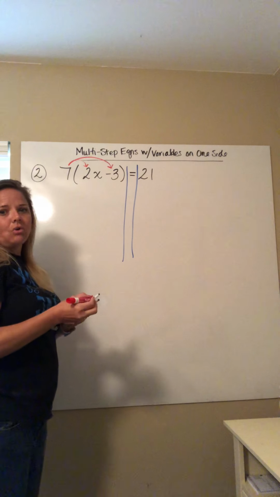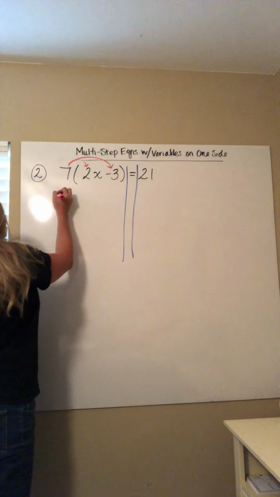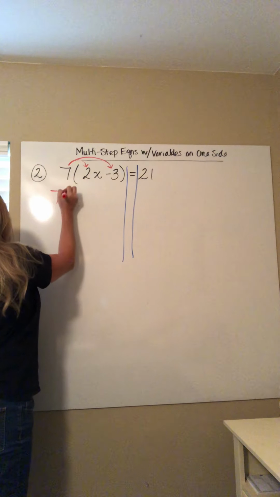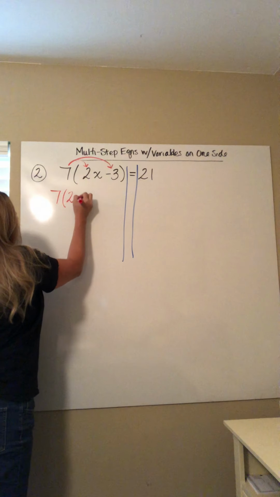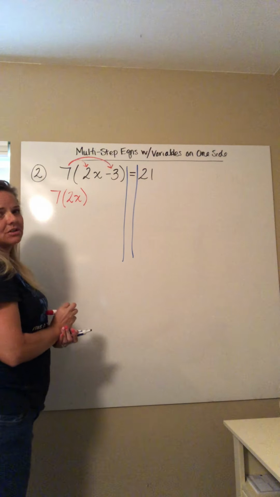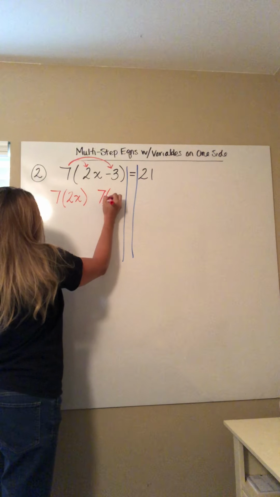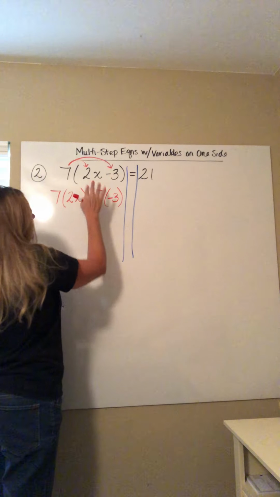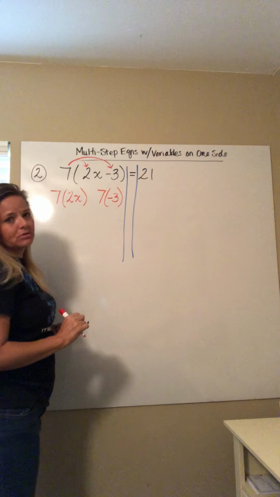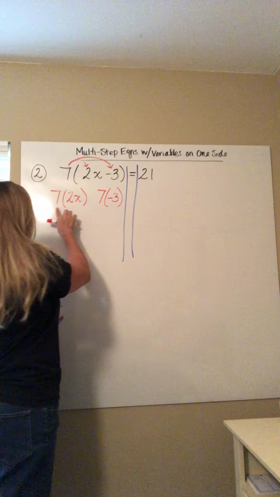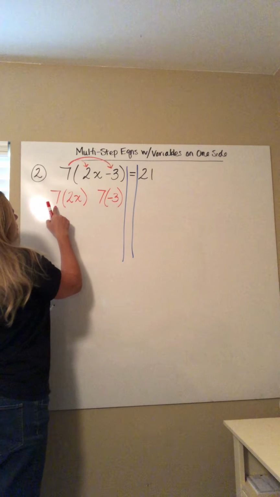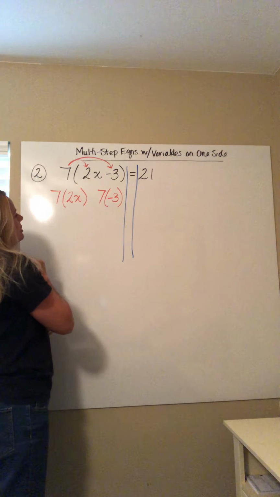Now a step that I don't always write, but I'm going to write for you right now so you can see what we're doing, is we're multiplying 7 times 2x. We're also multiplying 7 times negative 3. That's really what we're doing when I draw those two arrows, okay? All right, so 7 times 2x. So we're just multiplying our numbers together.